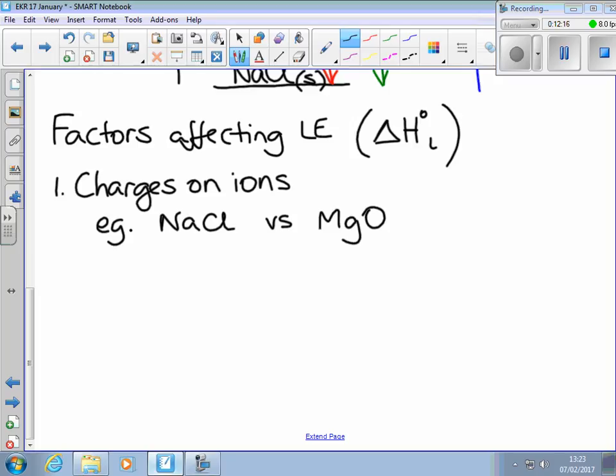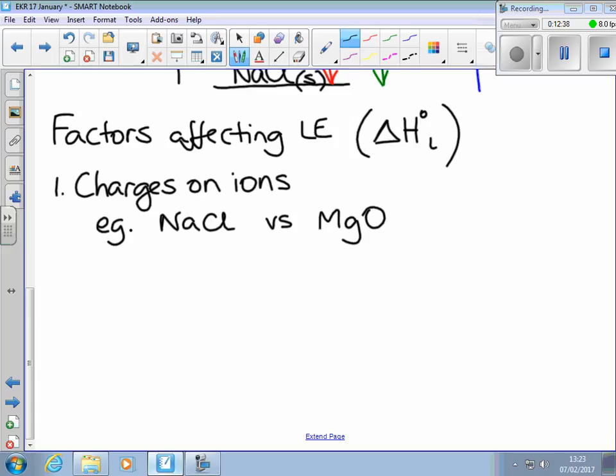So there's actually a much greater attraction between the ions in magnesium oxide because the charges are greater. Now, it's not going to be double or anything as magically simple as that. But if you've got more charge on individual ions, there's going to be more attraction between them.